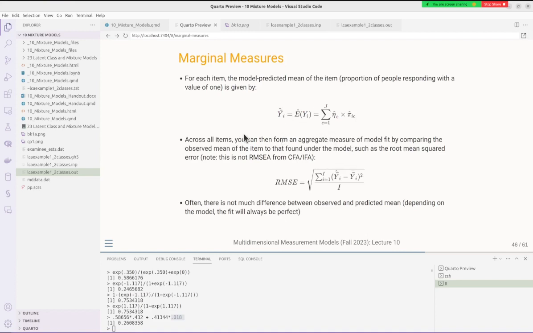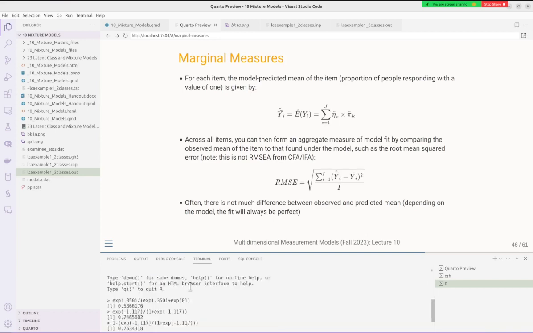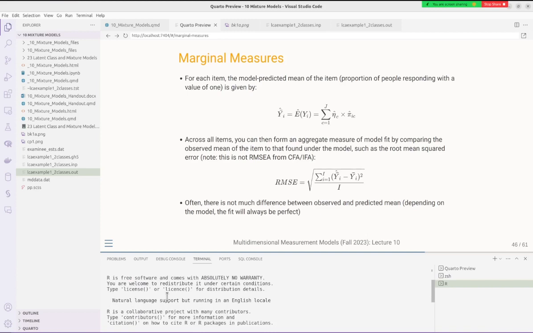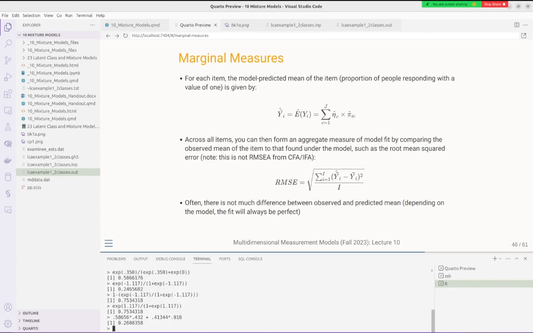But it turns out our marginal model, remember the first thing I calculated here, the proportion of people answering item 3 correct, I guess that was the second thing, right, was 0.26, right? This line right here that I'm highlighting is from our model. So that's our model implied mean of the item.